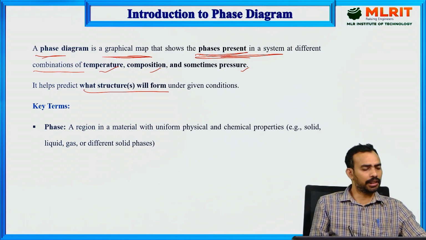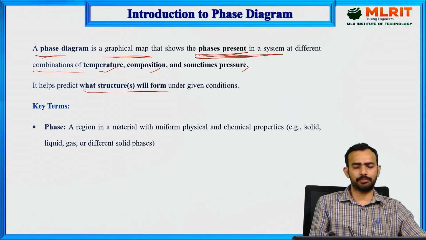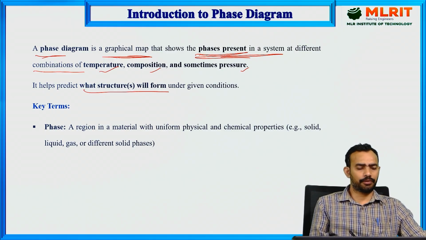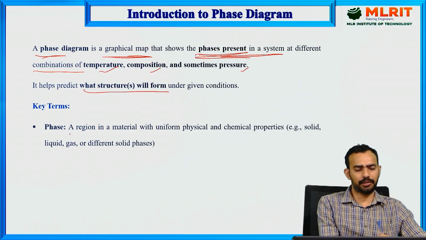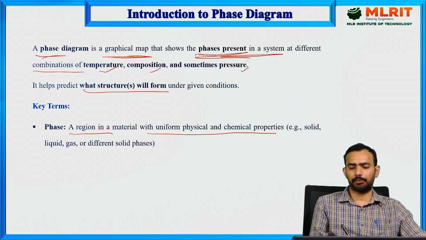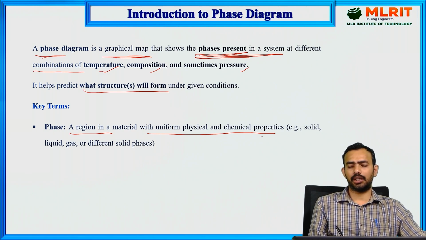So here the key terms that we come across throughout the metallurgy topic, the first one is a phase. A phase is a region in a material with uniform physical and chemical properties.